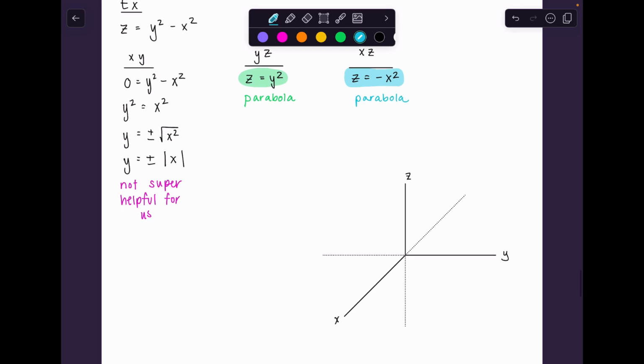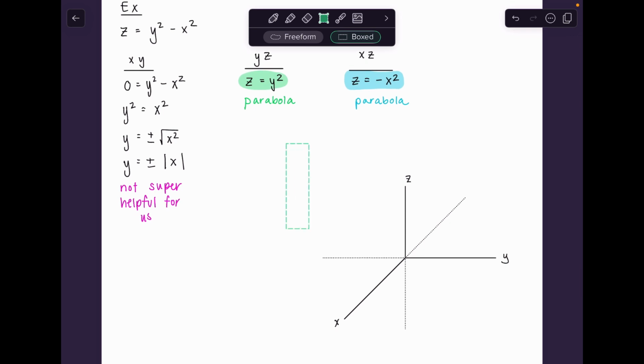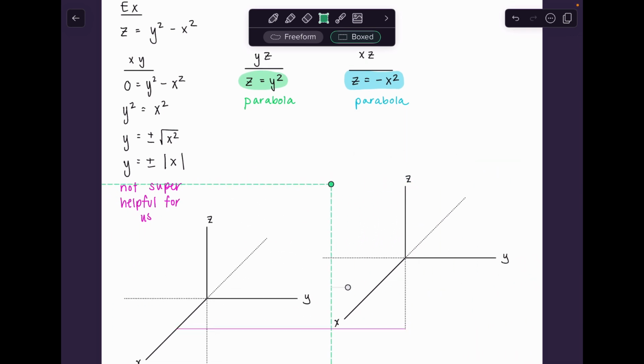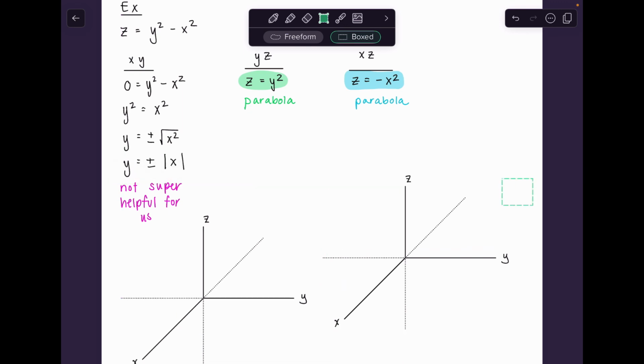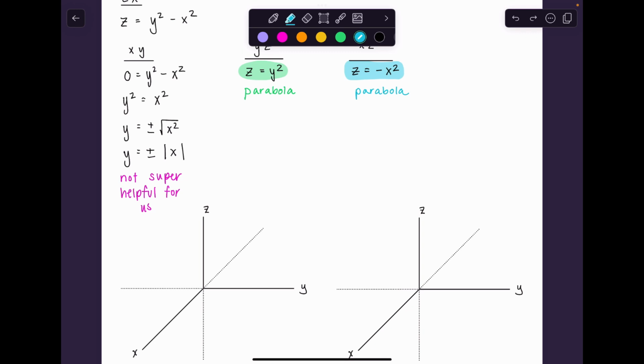Okay. So what I'm going to do is start by graphing these two things and to show you why we're going to need more information, because of this one not being super helpful for us. So let's start with the YZ trace.